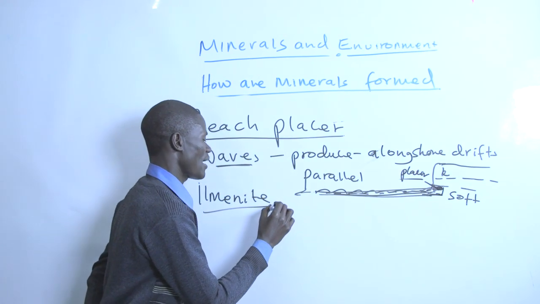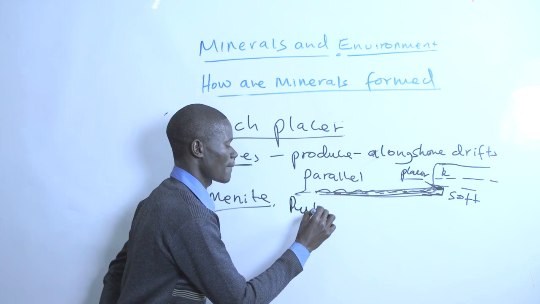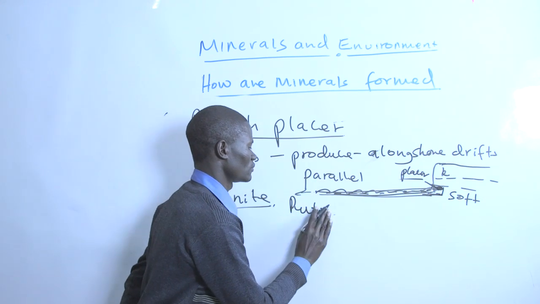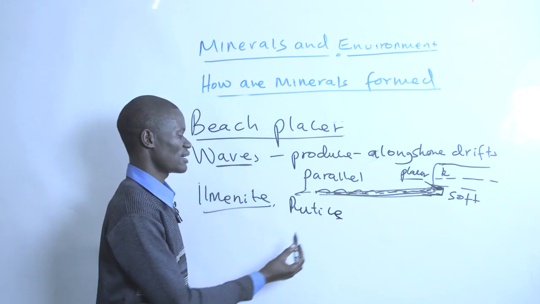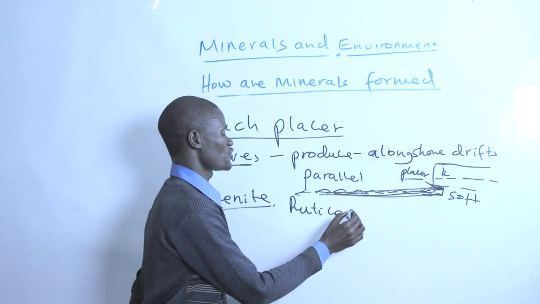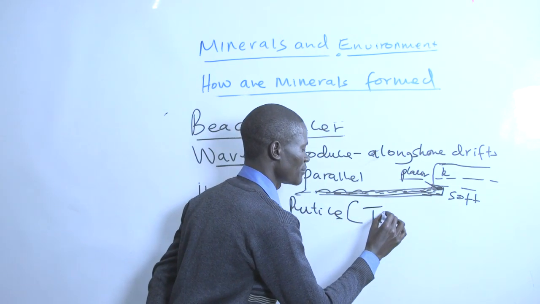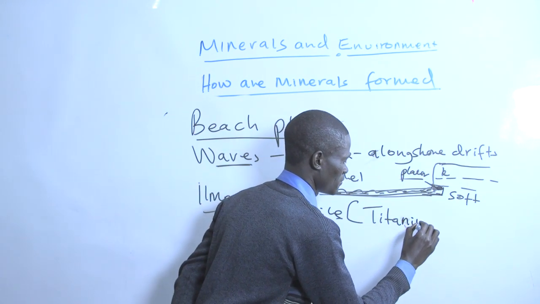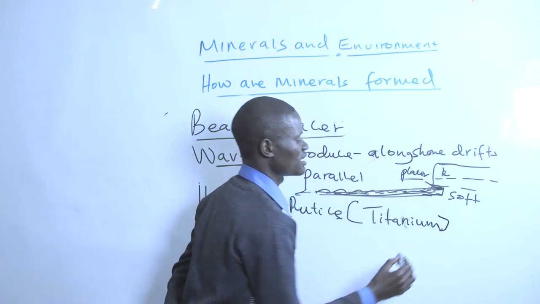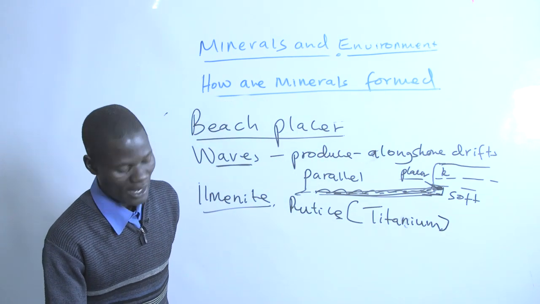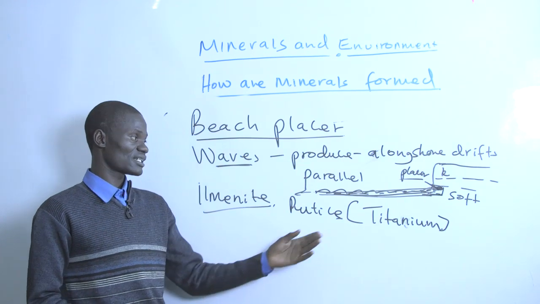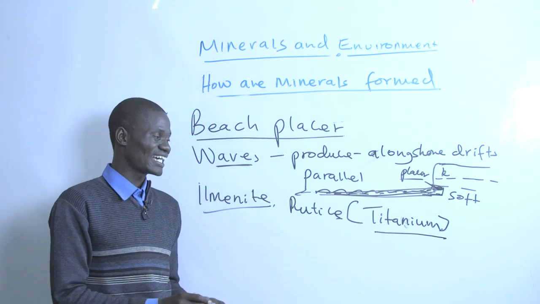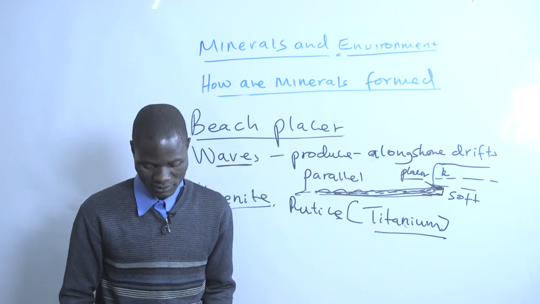It is ilmenite and rutile, the rutile mineral, which are the major sources of titanium. These are major sources of the titanium minerals, which is mostly extracted because of its beneficial use. And I hope you are able to understand the use of this mineral.